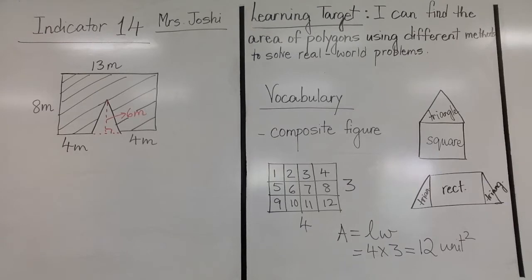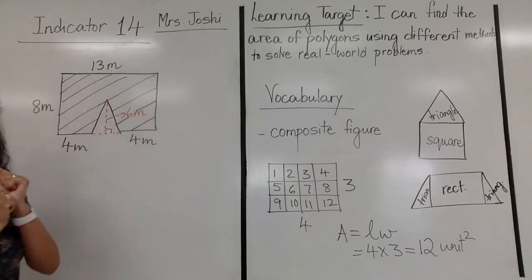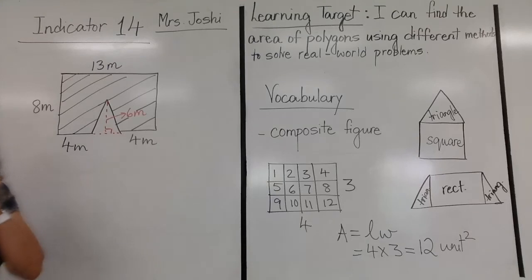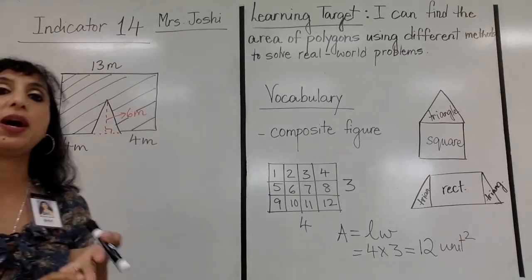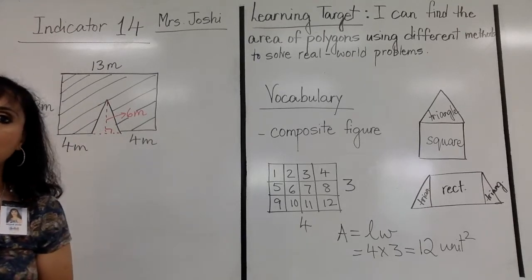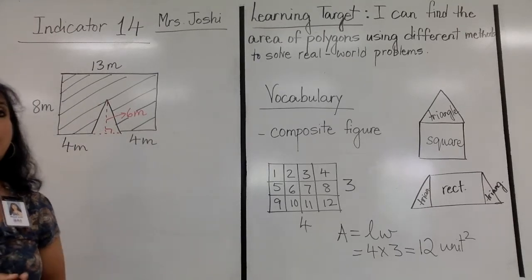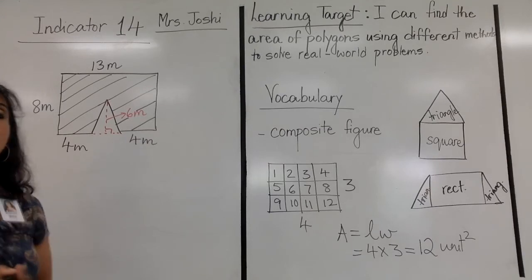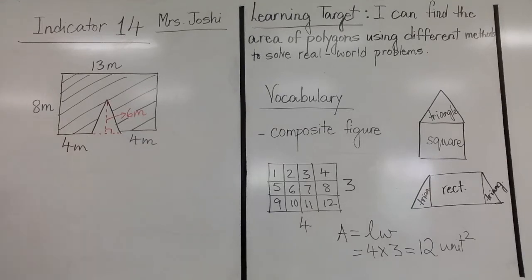Okay, so what we'll need to do is find the area of the big rectangle first, this whole thing. Then we'll need to find the area of this little triangle, because it is not part of the shape. That part has been cut off from the shape, and then we'll have to subtract that triangle from the rectangle.